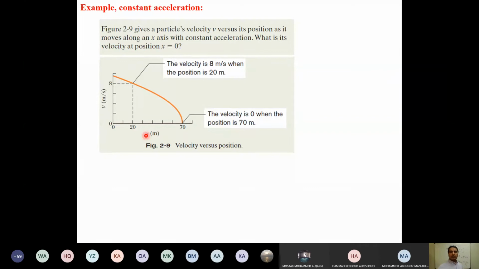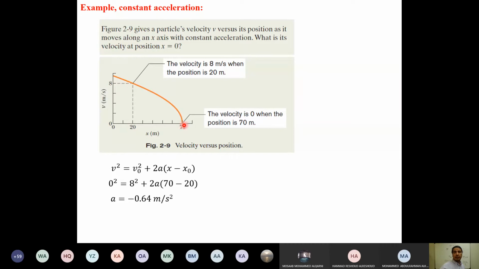What is the suggested solution? Look at this one. First of all, you need to consider the second part of the problem, because right here we know exactly for this situation when the particle goes from 20 to 70, the situation is known, because initial velocity is 8.